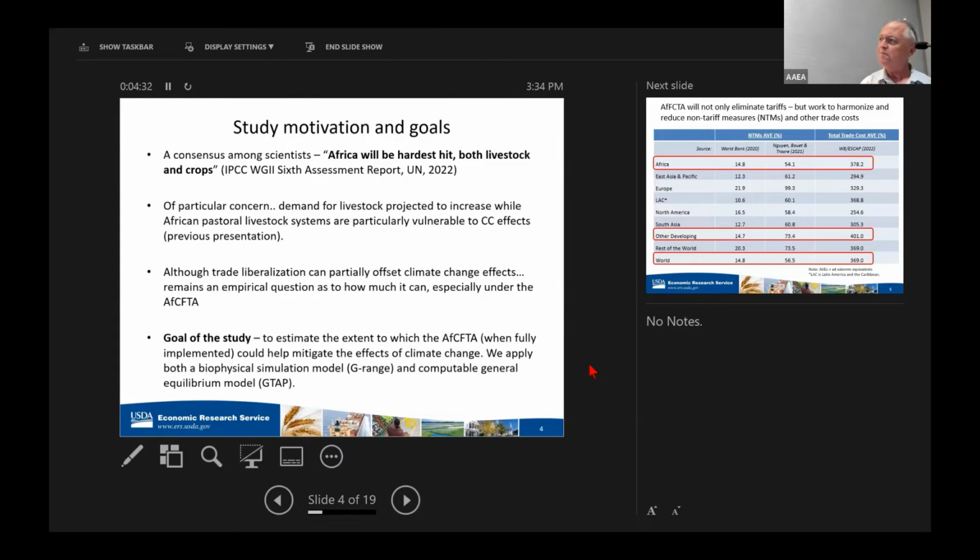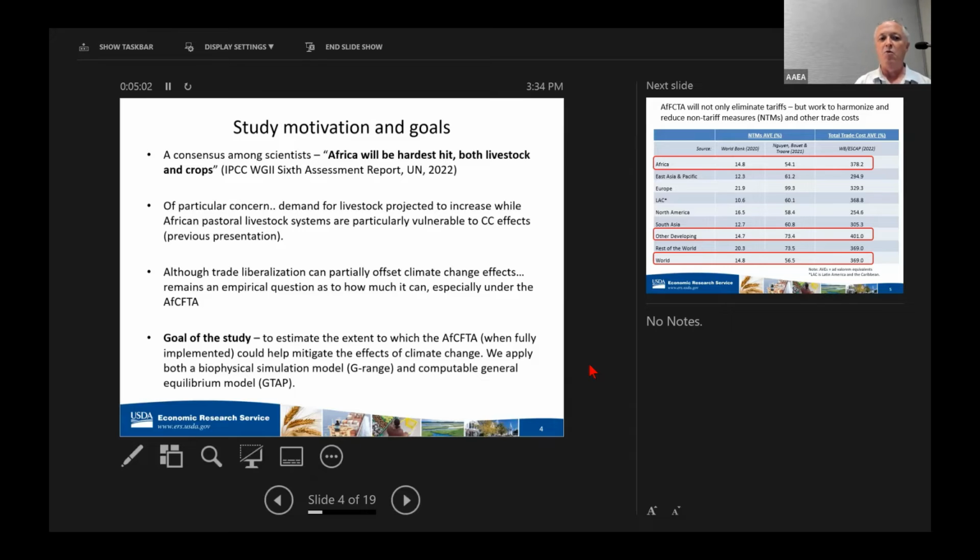The motivation, particularly in focusing on climate change: there is a consensus, and the recent IPCC report this year concluded that Africa will be the hardest hit, in both livestock and crops. Of particular concern is that demand for livestock is projected to increase, while African pastoral livestock systems are particularly vulnerable to climate change effects, as Jeff was alluding to earlier.